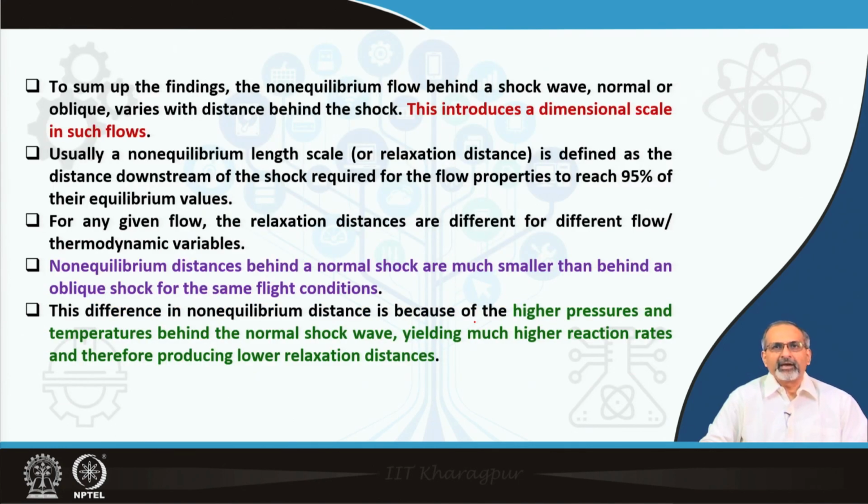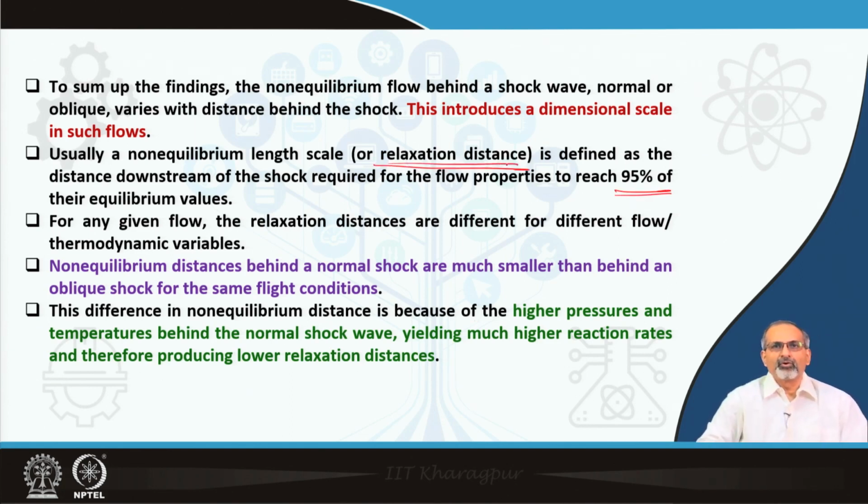And to sum up the findings, the non-equilibrium flow behind a shock wave introduces a dimensional scale in such flows. We define a distance downstream of the shock required for the flow properties to reach 95% of their equilibrium values, which is usually defined as the relaxation distance.